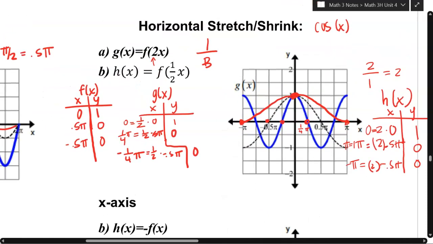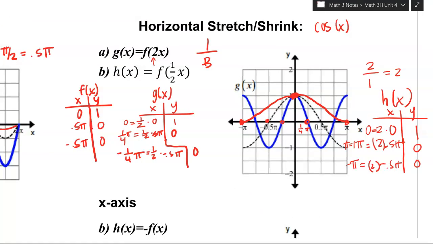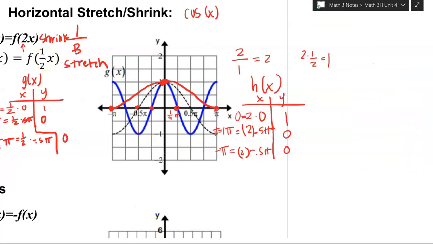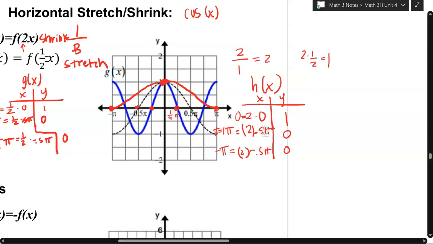So that's why when it's a 1/2 or that 1 over b, we're going to flip it, and it does the opposite. So this is a stretch, and this is a shrink. So when it's that horizontal stretch or shrink, it's going to move your points either closer together on the x-axis or farther apart depending on your stretch or shrink.